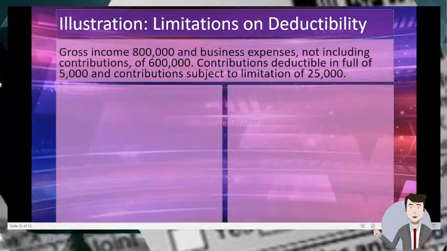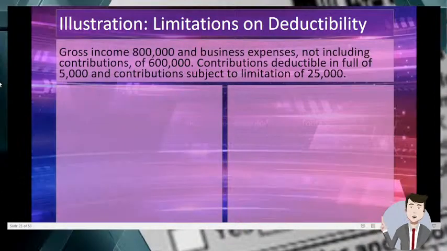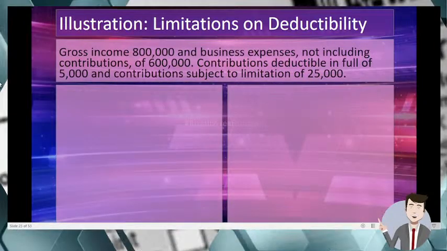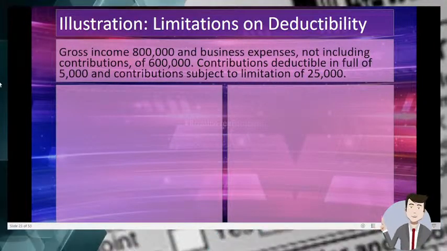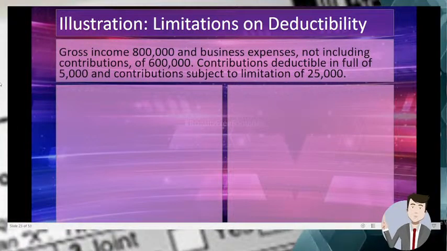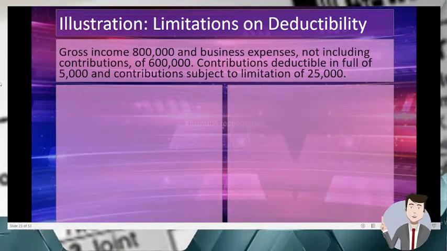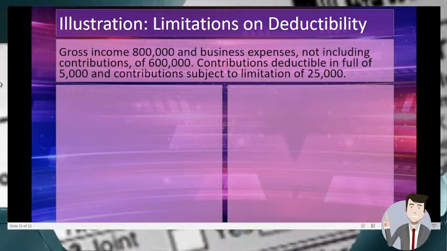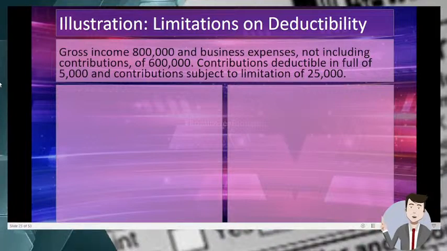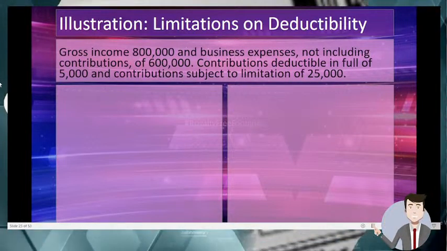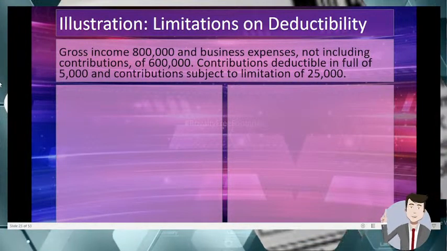But the question is the contribution subject to limitations of 25,000. Maybe this 25,000 is donated to an organization, not a national government organization, which is considered a profit domestic corporation. So that's why the 25,000 is subject to limitation.